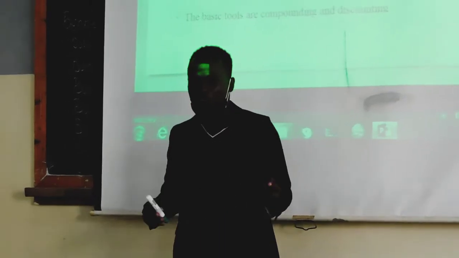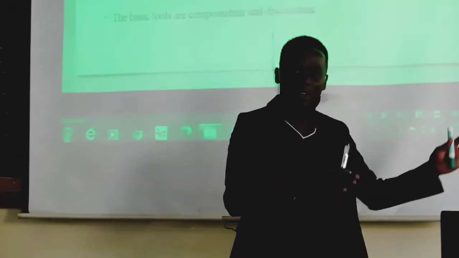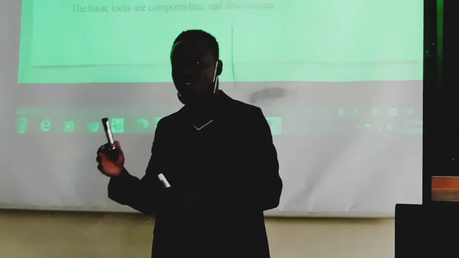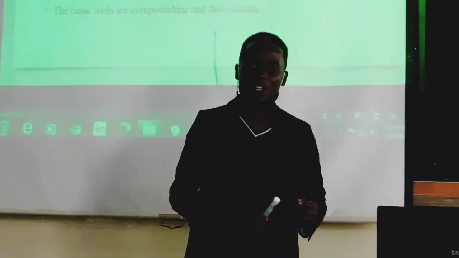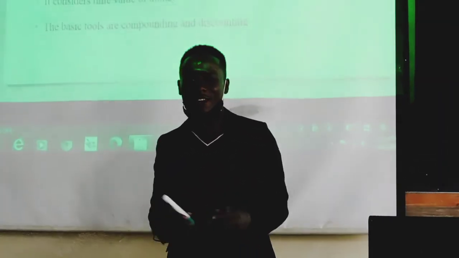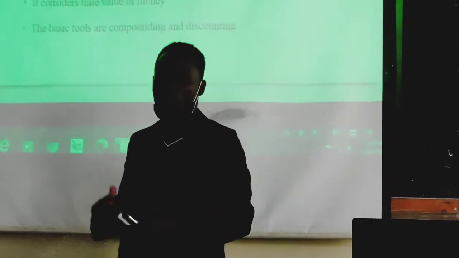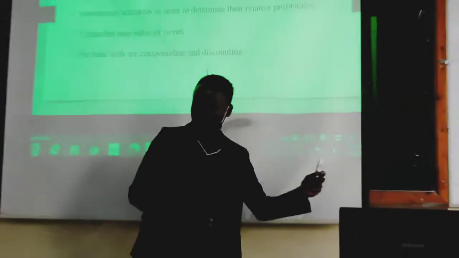Because of that, the future value is probably higher than the present value. The process of converting the present value to the future value is what we call compounding. The opposite is discounting. Discounting is the process of obtaining the present value after being given the future value.